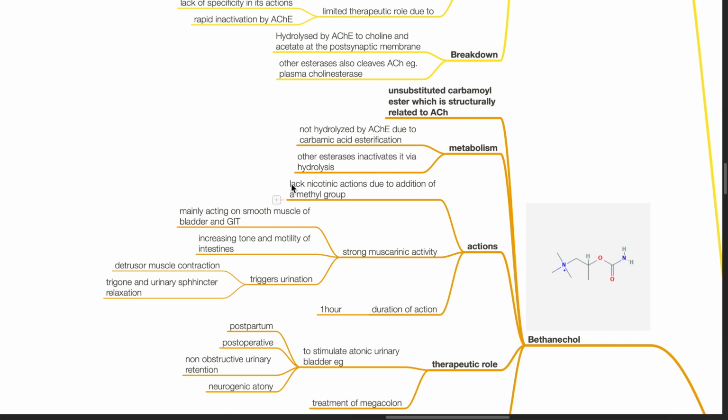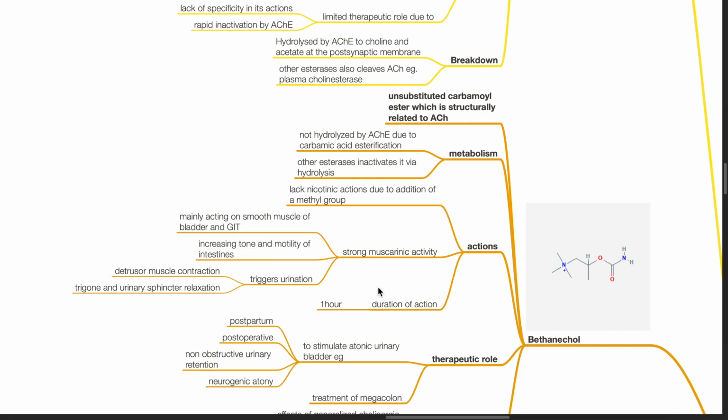It lacks nicotinic actions due to addition of a methyl group. It has strong muscarinic activity, mainly acting on smooth muscles of bladder and GIT. It increases the tone and motility of intestines and triggers urination via detrusor muscle contraction and trigone and urinary sphincter relaxation. Duration of action is 1 hour.